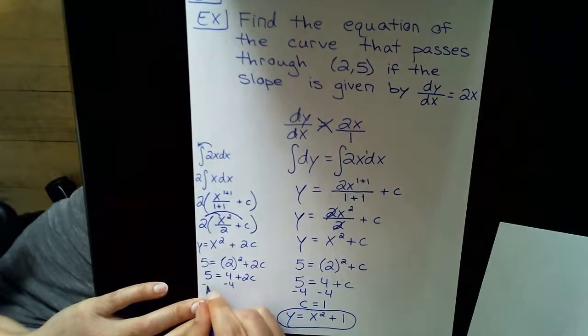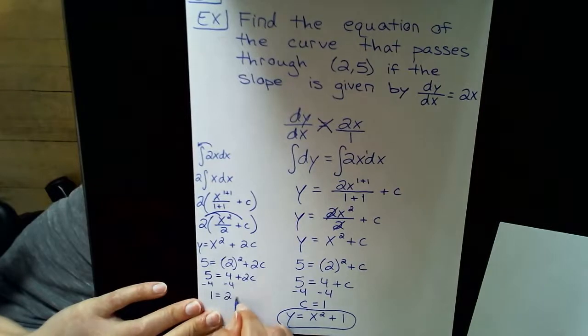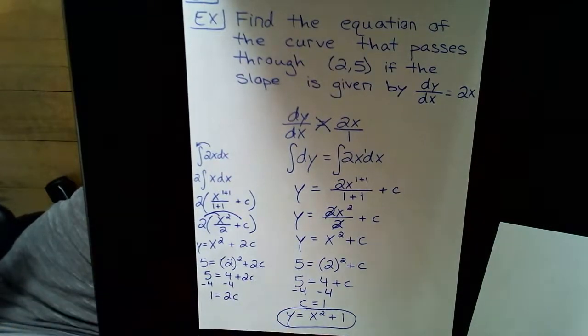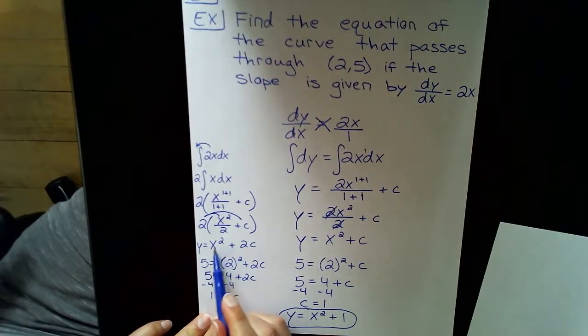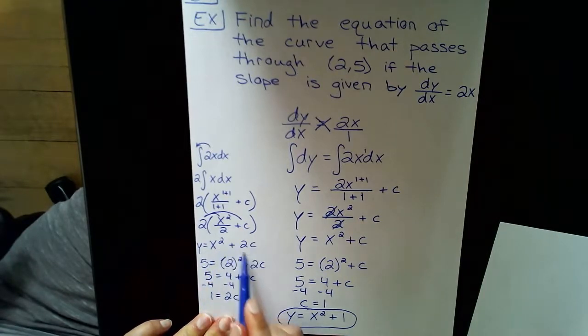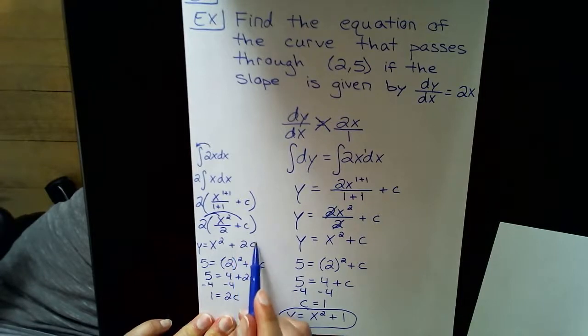Subtracting 4 from each side, we get 1 equals 2c. And at this point, it's important to stop, because we weren't solving for c. We don't care what the value of c is. We care what value is being added to x squared. We wanted to solve y equals x squared plus some number. We just found what that number is by finding 2c.